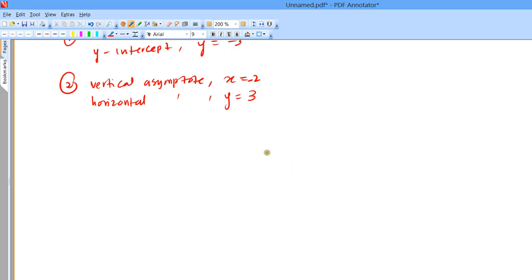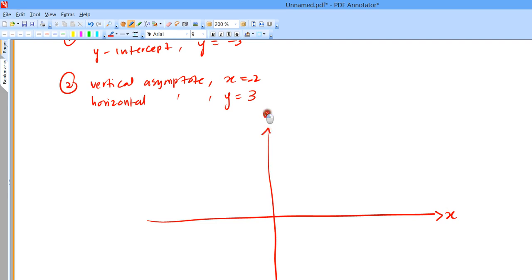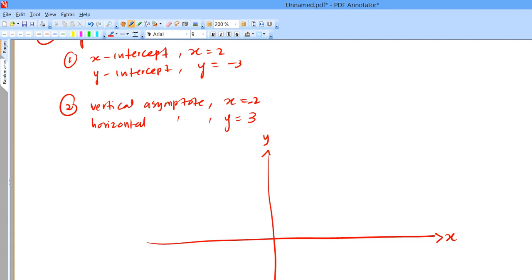And then to plot the graph, draw the x and y axes, and then the x and y intercepts. The x-intercept equal to 2, so 1, 2. This is the x-intercept, and then for the y-intercept, we have negative 3 here. And then the vertical asymptote x equal to negative 2. We have a new asymptote.